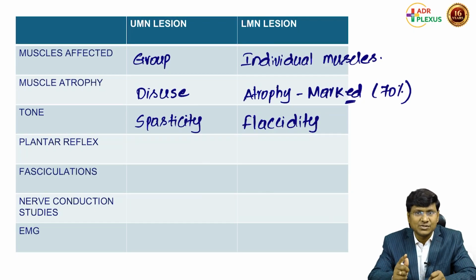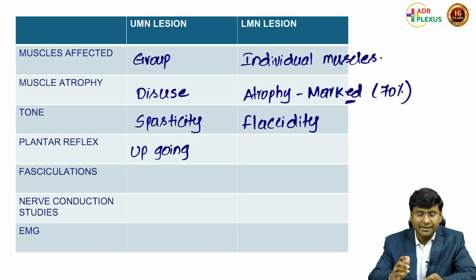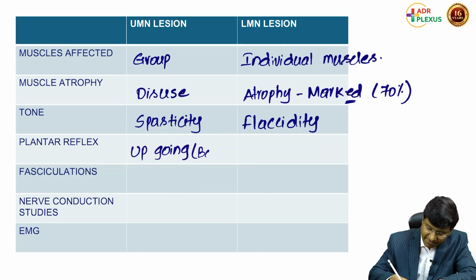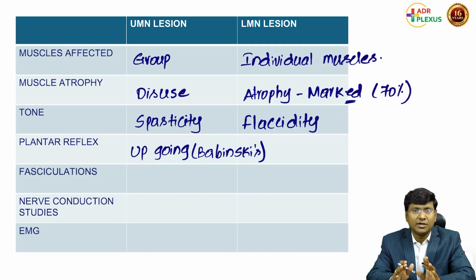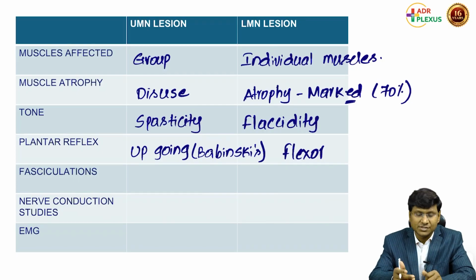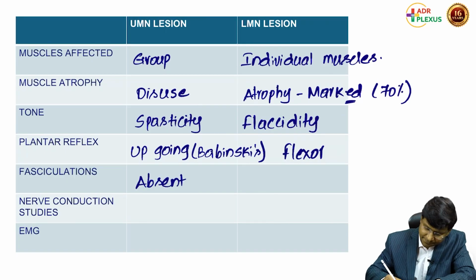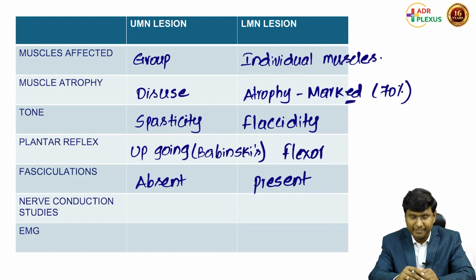In upper motor neuron lesion, it is upgoing plantars, which we call the Babinski sign. Whereas in lower motor neuron lesion, the plantar reflex is the normal flexor response. Fasciculations are absent in upper motor neuron lesion, and present in the lower motor neuron type of paralysis.